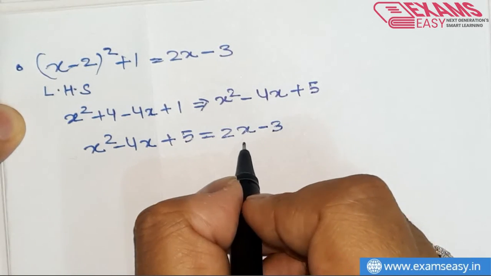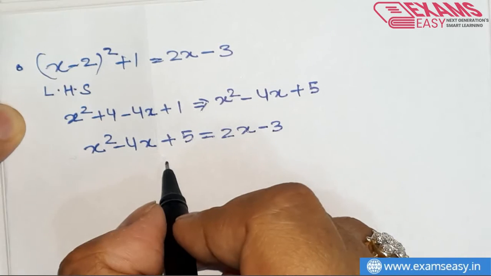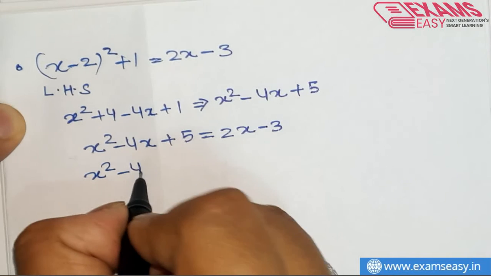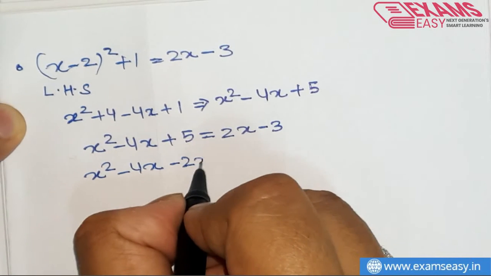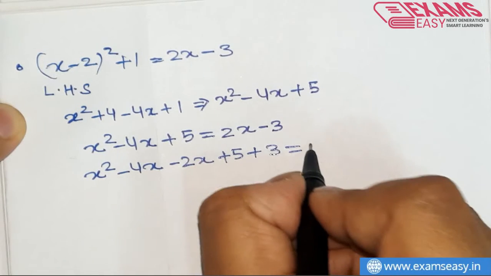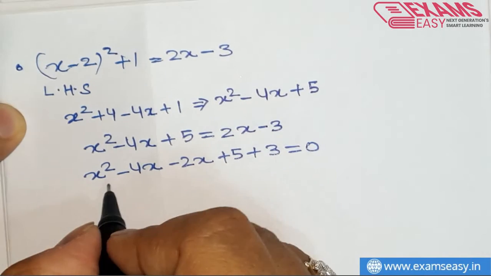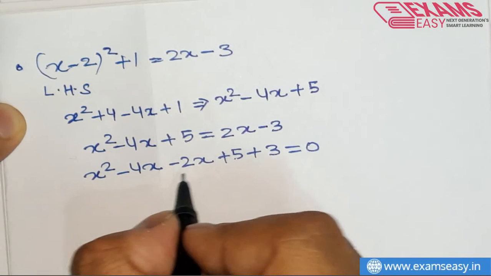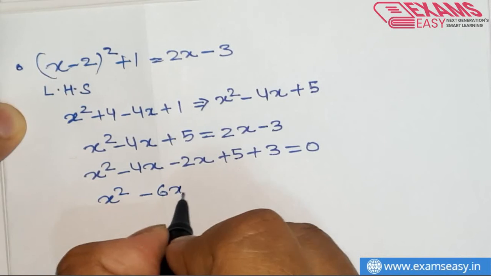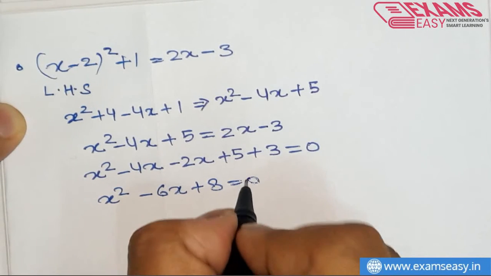So if you bring 2x and minus 3 to the left hand side, then it will become x square minus 4x minus 2x plus 5 plus 3 is equals to 0. So if you add these terms, then it will become x square minus 6x plus 8 is equals to 0.